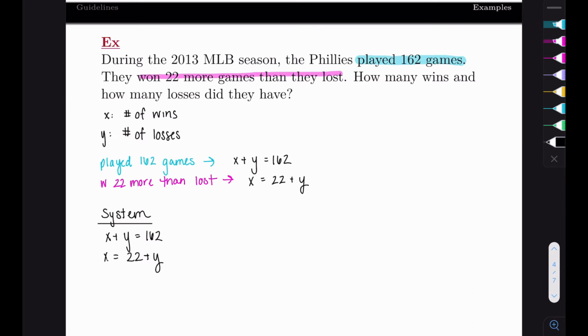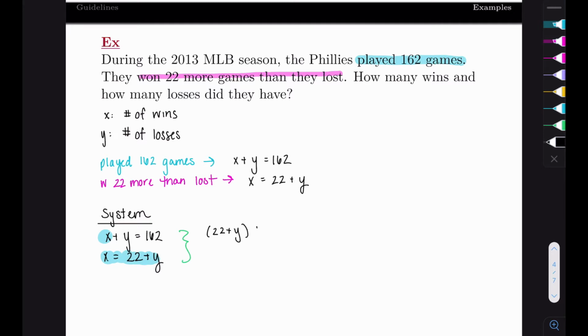Again, I can go through whichever method I'd prefer, elimination or substitution, but because of this second equation, I can immediately plug that back into that first equation, and that will allow us to solve for that other variable. So substitution is going to be our better method, because we have X plus Y has to equal 162.